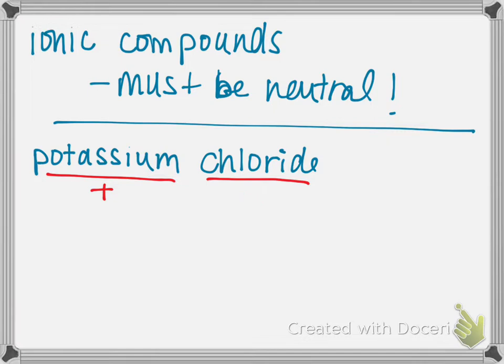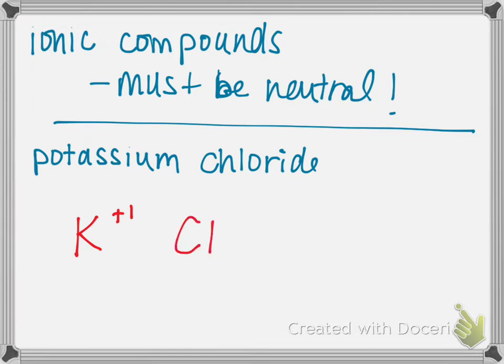Okay, so let's go ahead and see what the charges are for each of these. Potassium, if you find it on the periodic table, it's in group 1, and it has a +1 charge. Chloride is all the way on the other side of the periodic table in group 17. It's Cl, not Ci, Cl, and it has a charge of -1.